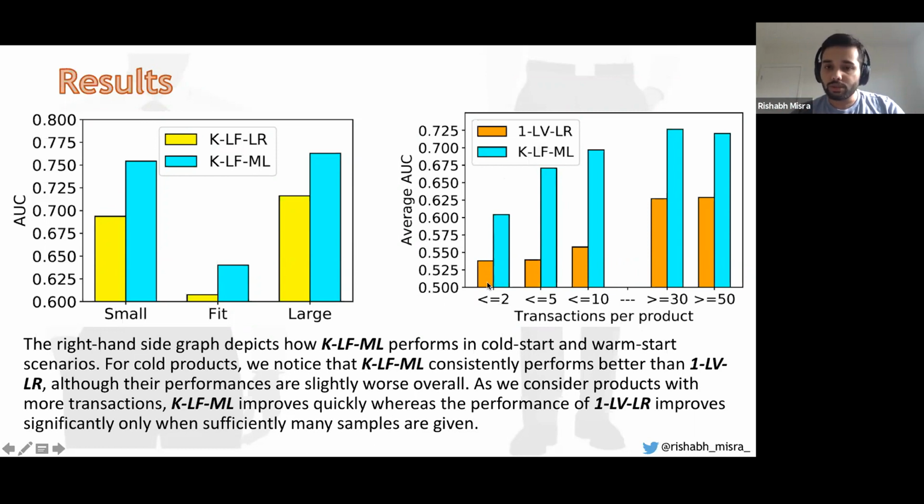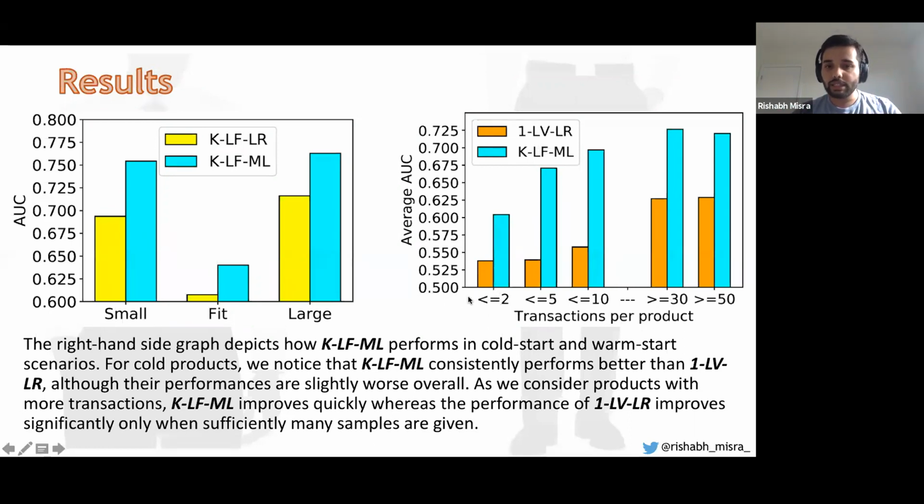Here we can see that when we have fewer transactions, that is essentially a cold start scenario, where we don't have much information about the customers, so we might not be able to perform very well.